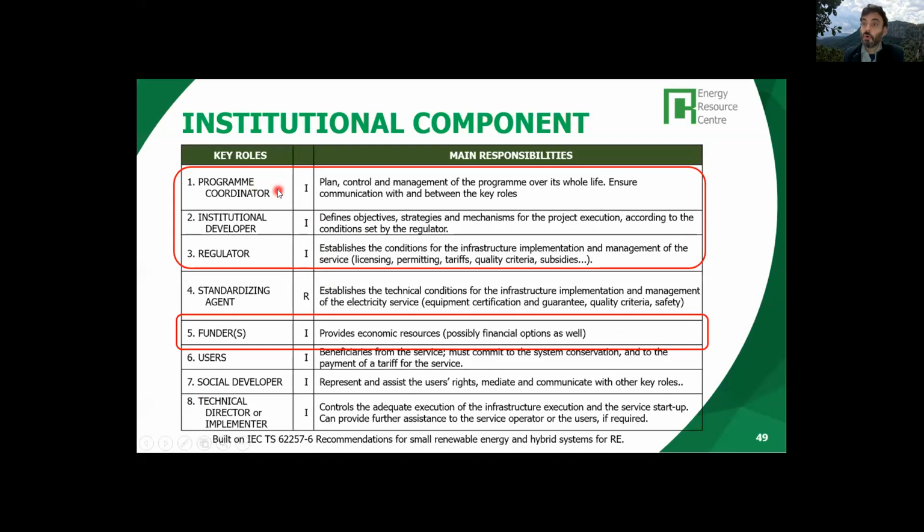Who is going to coordinate this PV program if there are different projects? Who is the developer from the institutional point of view? There could be another developer from the social point of view. Projects can be developed from a top-down perspective or from a bottom-up perspective.